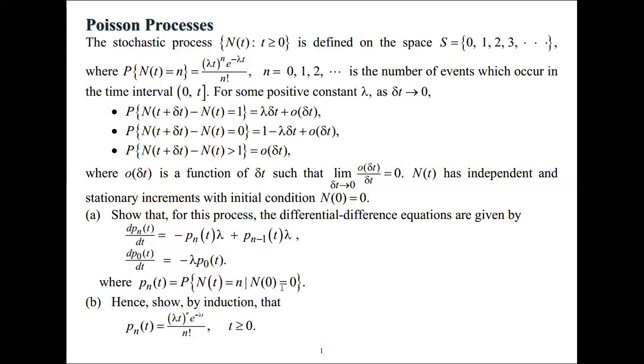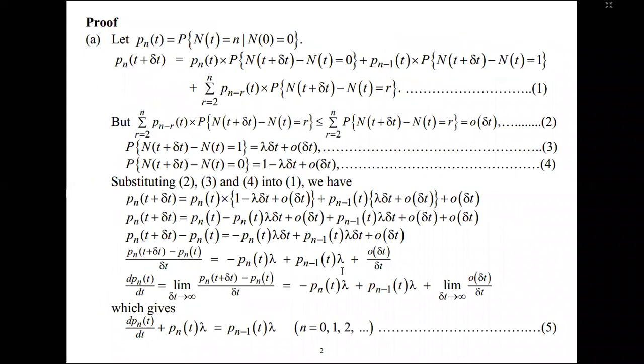At time 0, we assume that no event has taken place. And we are also supposed to show that P of n of t is given by this Poisson distribution. So we start with the proof.